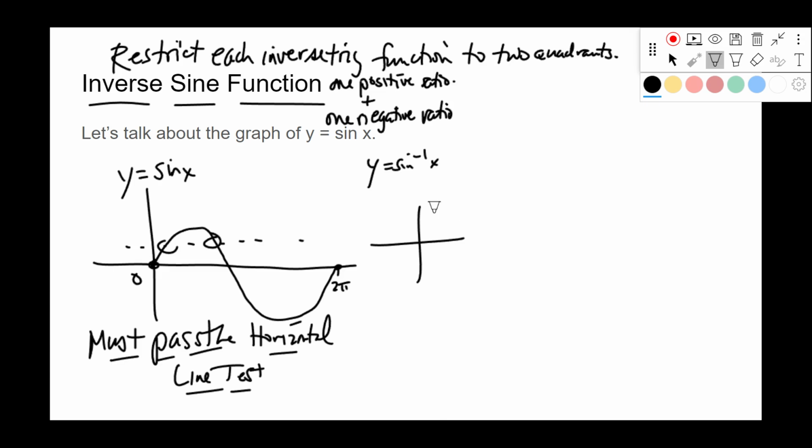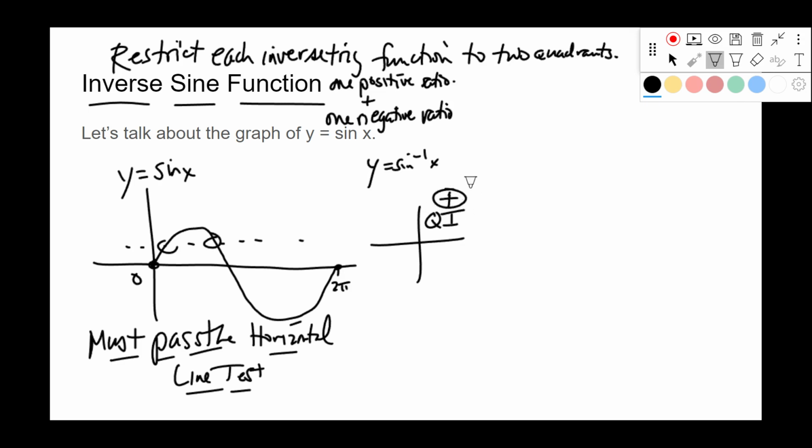So here's how this works. For all of the inverse trig functions, quadrant 1 is the positive quadrant, right? Because the y coordinate and the x coordinate are both positive in quadrant 1. So you're always going to get the positive answer or the positive ratio. You're going to pick the angle out of quadrant 1. What does change, however, is the negative quadrant. So here's the thing.